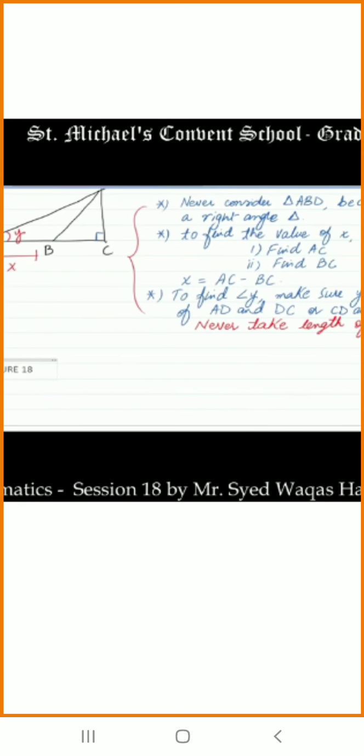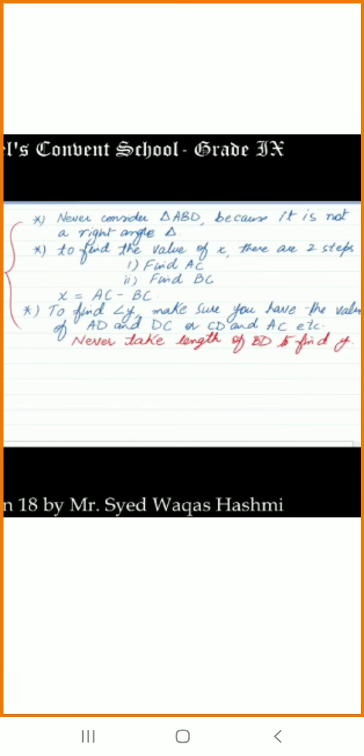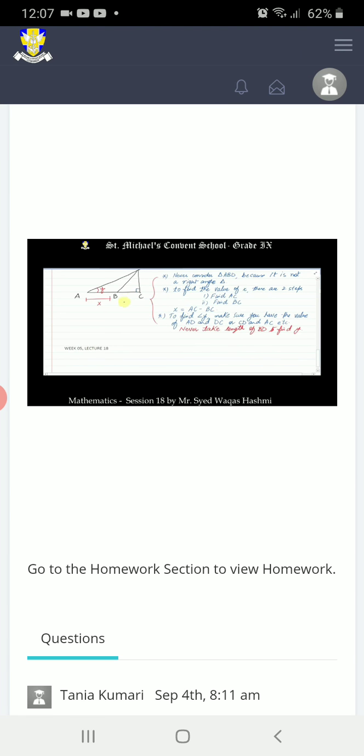Okay class, so today is lecture number 18. It's week 5, right? In last class we had discussed some of the questions involving 2 different right angle triangles, and I told you the important 3 steps to attempt such type of questions, right? So continuing the topic trigonometry, today is the last class of the topic trigonometry.